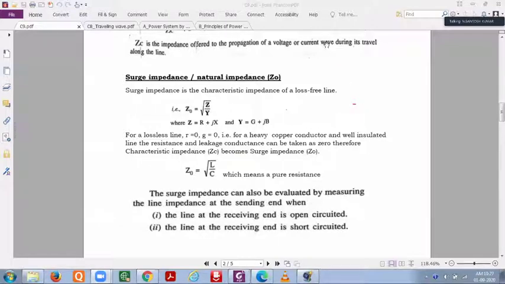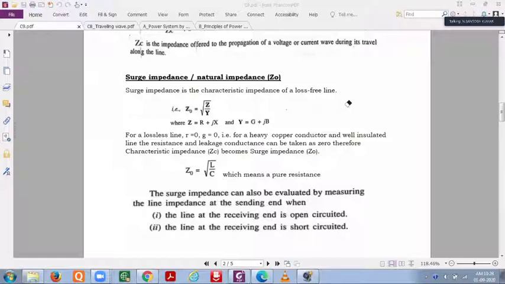As we did for your medium lines, we made the analysis that the performance of the line can be determined by determining the generalized constants, by considering the transmission line as a two-port network, as it has sending and receiving voltages.